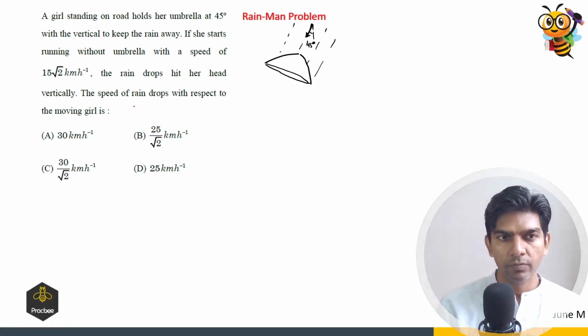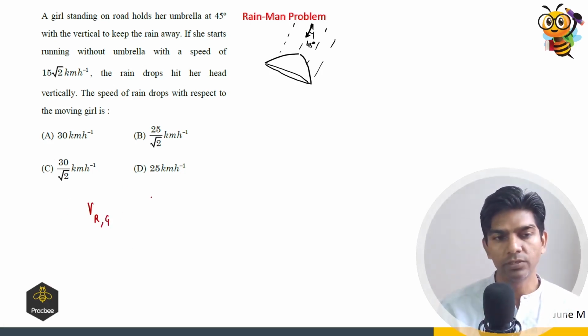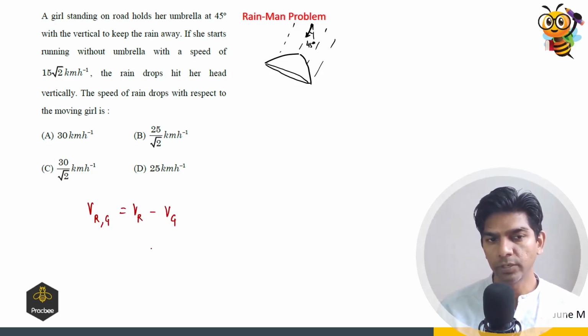Okay, so the velocity of rain with respect to the girl is in the vertically downward direction, and this is nothing but the velocity of rain minus the velocity of girl in ground frame.